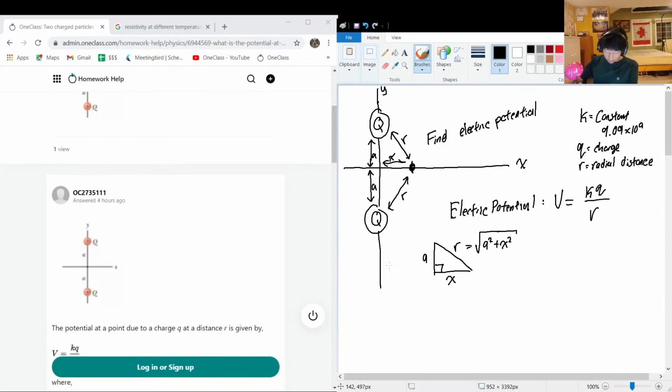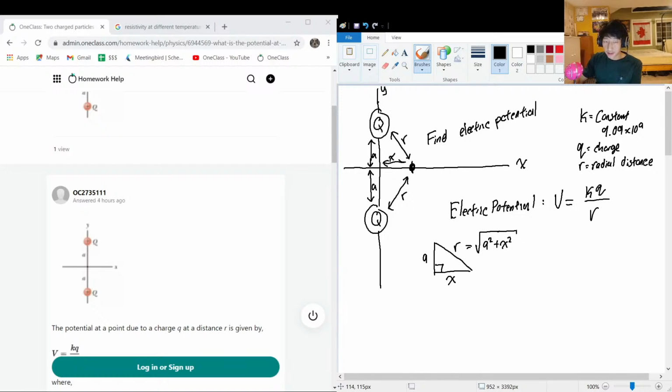Okay, so that will be our R value just by looking at the geometry here. It is possible that X is 0, but if X is equal to 0, we just have R equal to A, and that would be perfectly reasonable. Awesome, that's our electric potential R value.